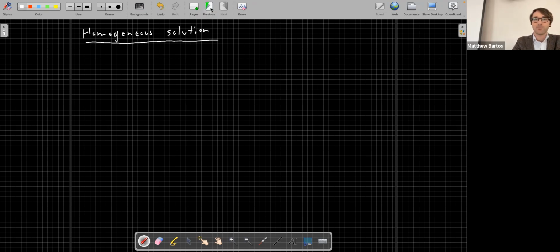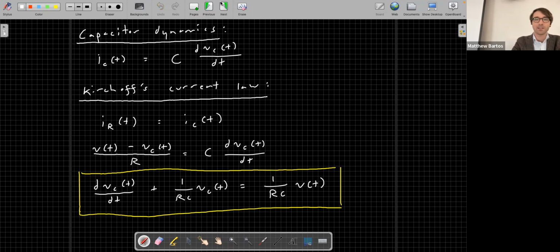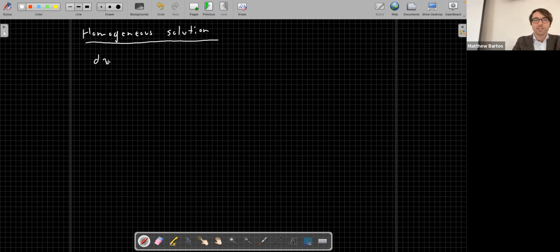Okay, so we have our equation. I'm just going to write this out again: dV_C/dt plus 1 over RC V_C(t) is equal to 1 over RC V(t), right?